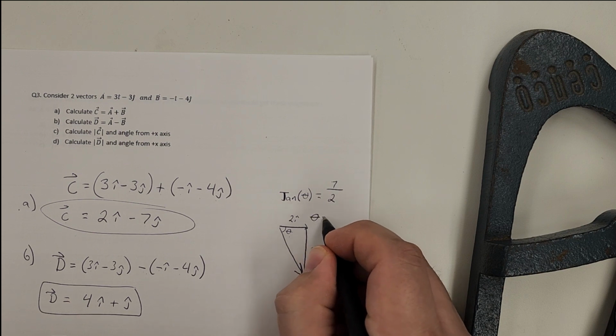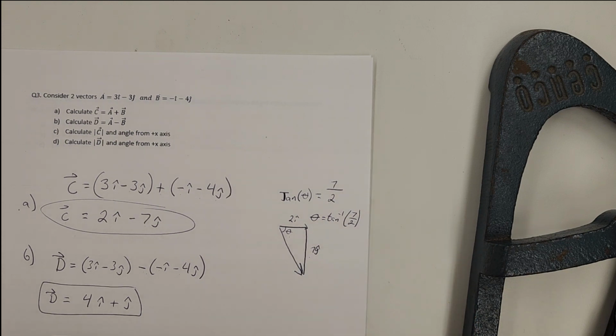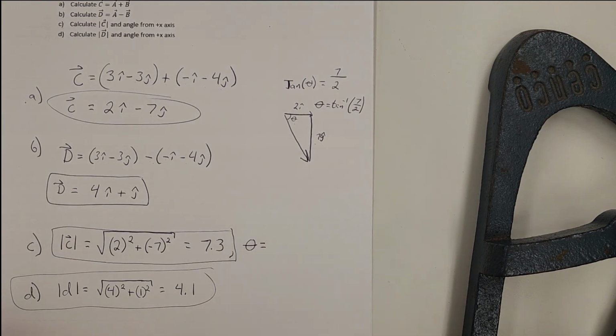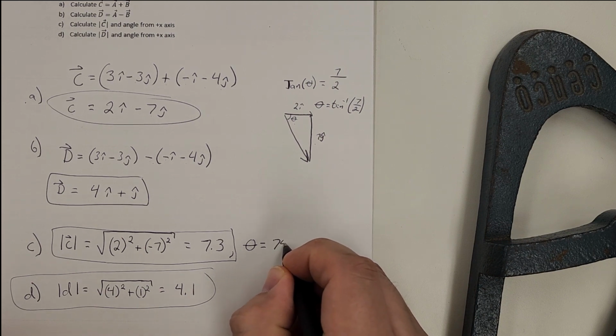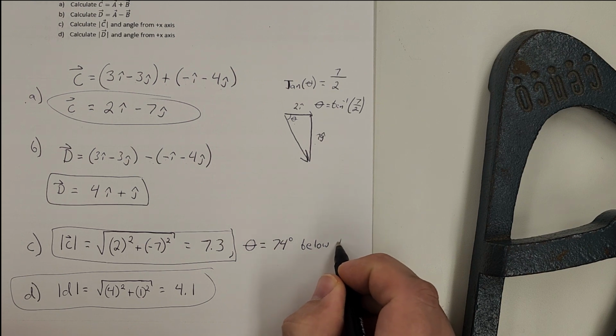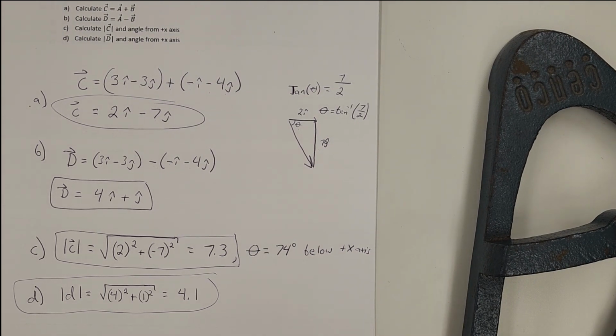So theta is equal to tan inverse of 7 over 2. If you plug in your calculator correctly, we get 74 degrees. And we have to specify that that is below the positive x-axis. Okay, 74 degrees below the positive x-axis.